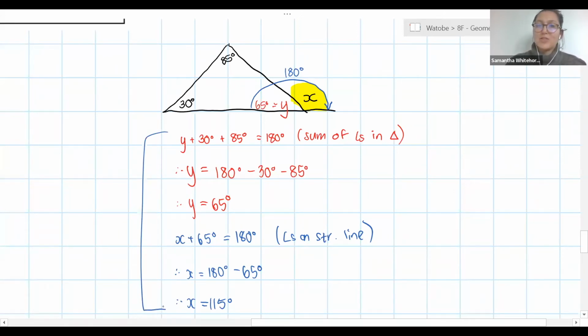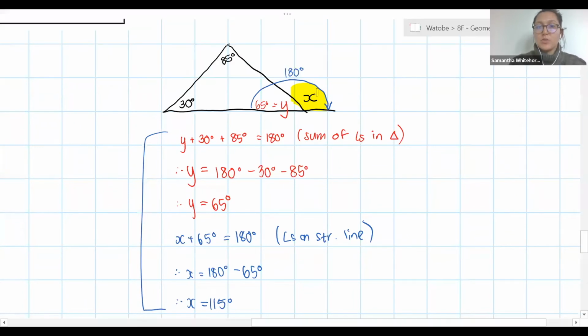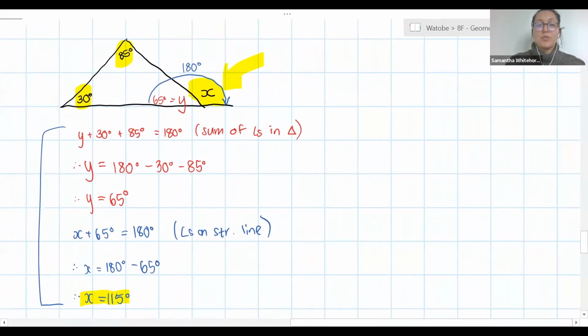So what we've done is we found a shortcut. We have seen that if I'm looking at the exterior angle to the triangle, so this one I've got in yellow over here, I can just add the opposite interior angles and get exactly the same answer as doing all of this other working out. So I don't need to do all of this working out. I can just use exterior angles of a triangle. And whilst it's not wrong to do everything that I've done here, we can make our lives so much easier.